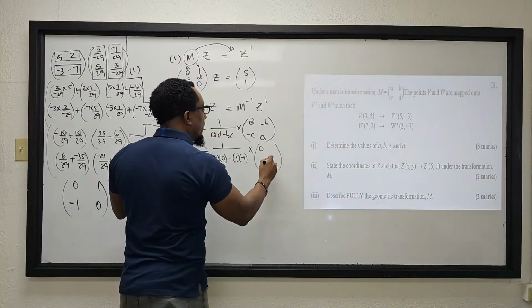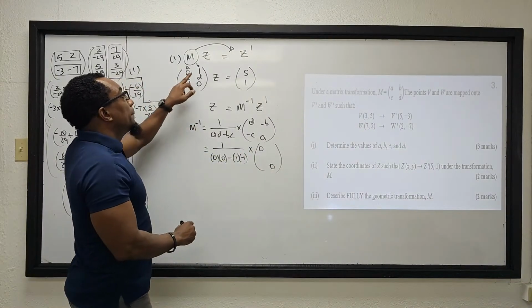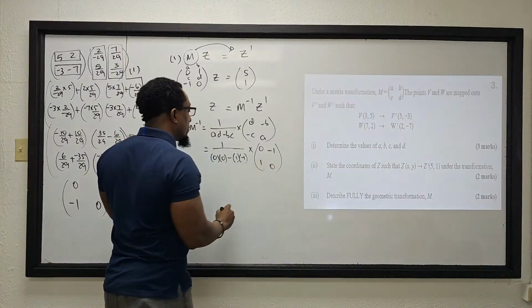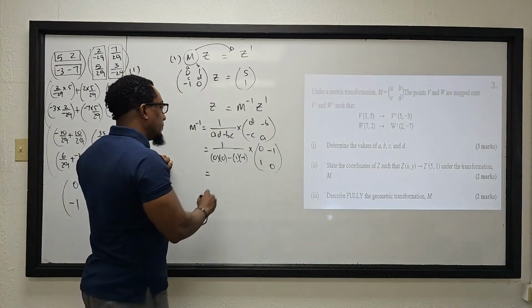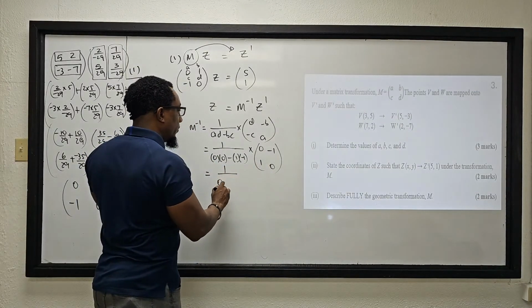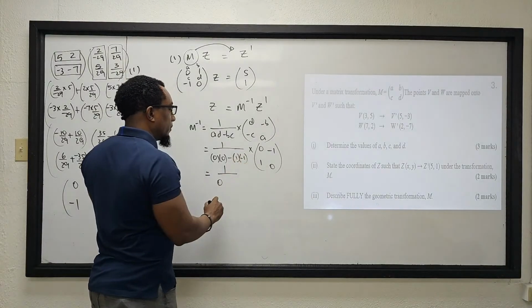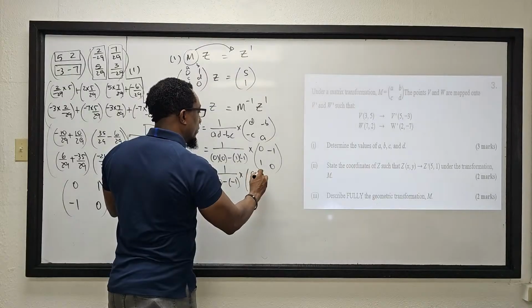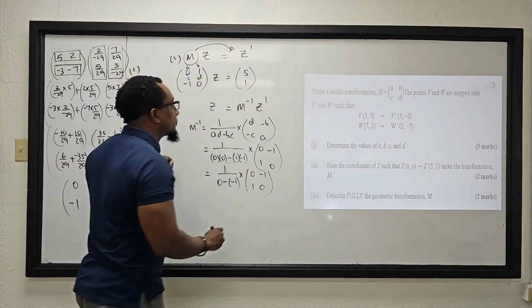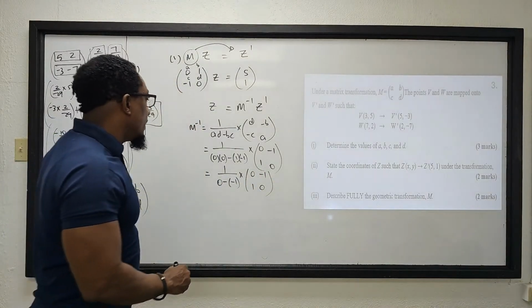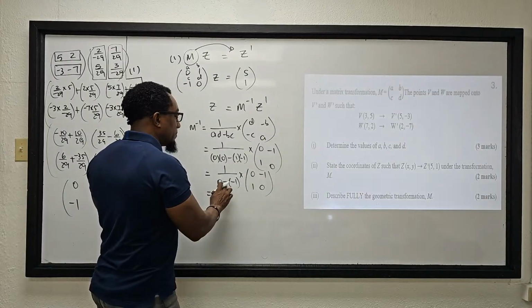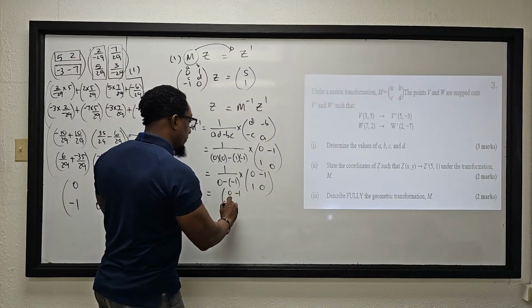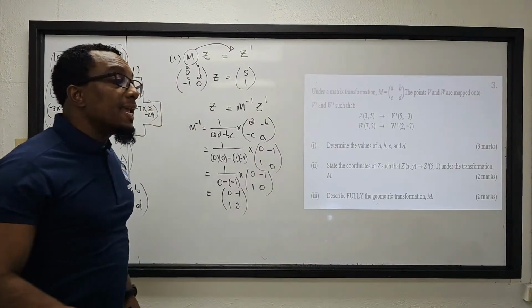Interchange both A and D, change the signs of B and C, so positive 1 becomes negative 1, negative 1 becomes positive 1. So this will be 1 all over 0 subtract negative 1 times 0, negative 1, 1, 0. And therefore a minus by minus is a plus, 1 over 1 is 1. So 1 times 0, negative 1, 1, 0. So that is M inverse.